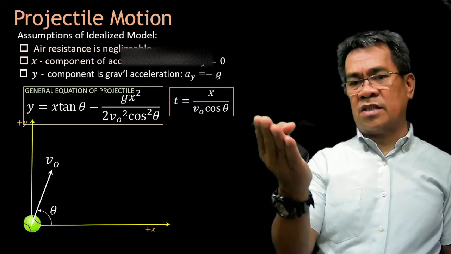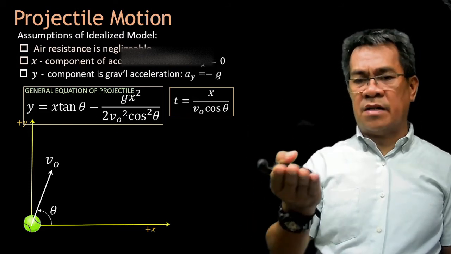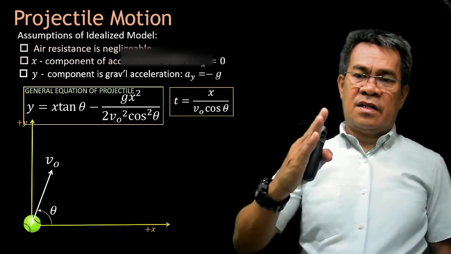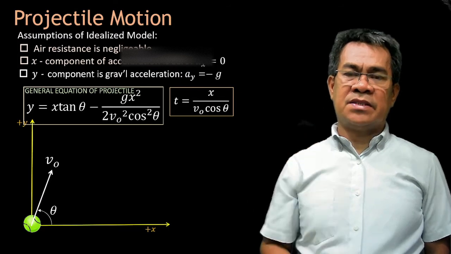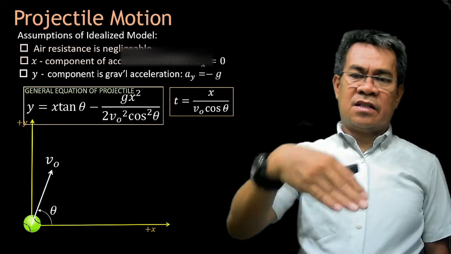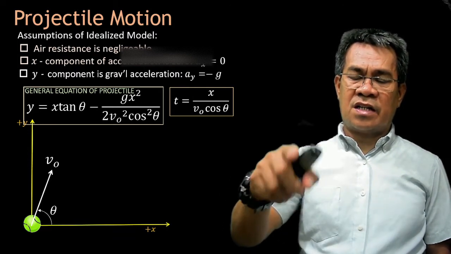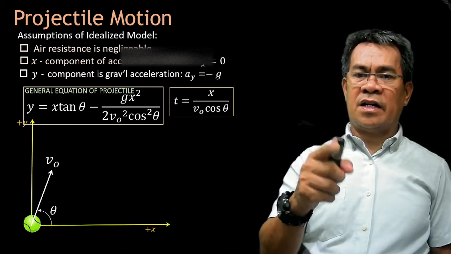A standard angle is positive if counterclockwise, and clockwise is negative. So again, if the projection angle is in the first quadrant, theta must be positive. But when the initial velocity is directed towards the fourth quadrant, the angle is clockwise, so it should be substituted into the formula as a negative value.